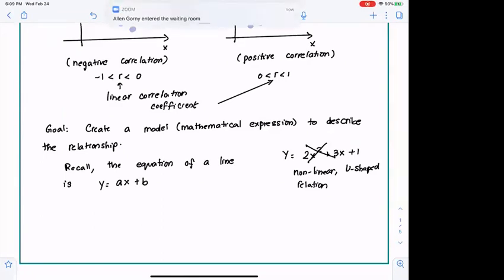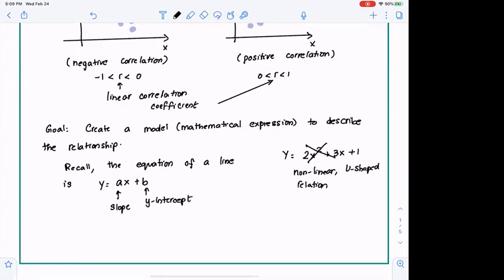There are other notations also. It is a matter of choice. So a here is the slope term, and b is the y-intercept term. So we know that we can represent a linear relationship if we can come up with a line. And in order to come up with this line, we need to know the values of a and b, the slope and y-intercept.